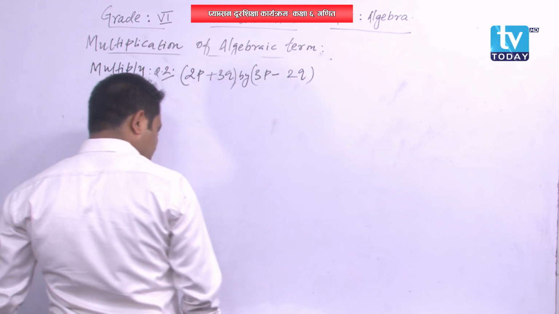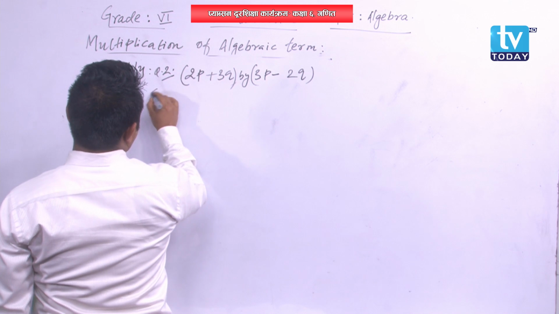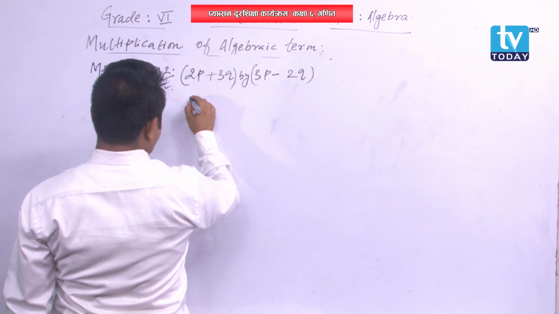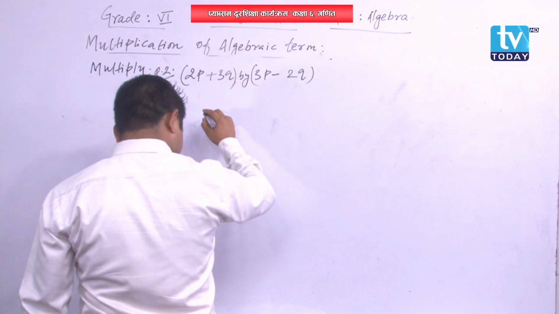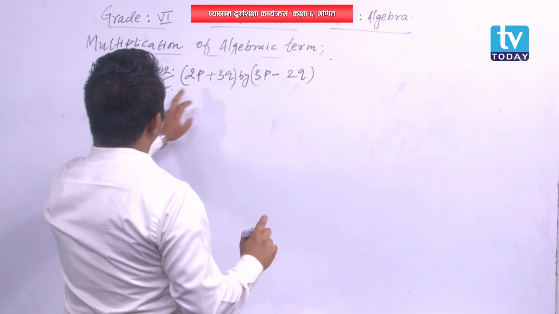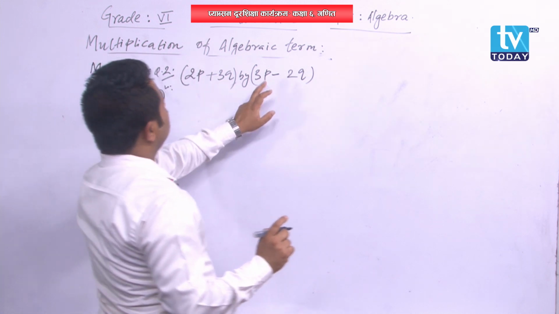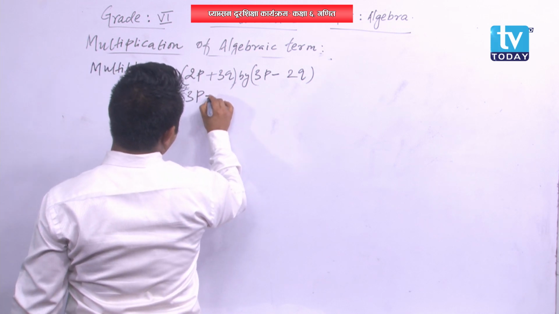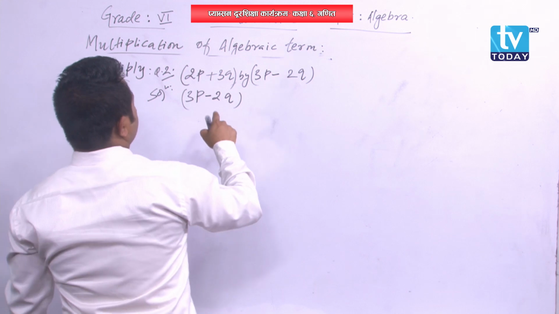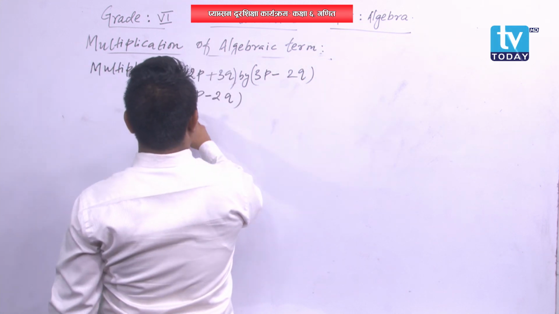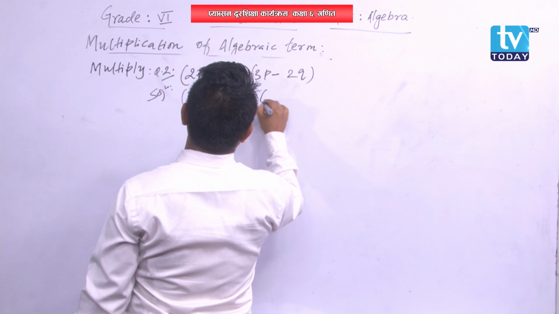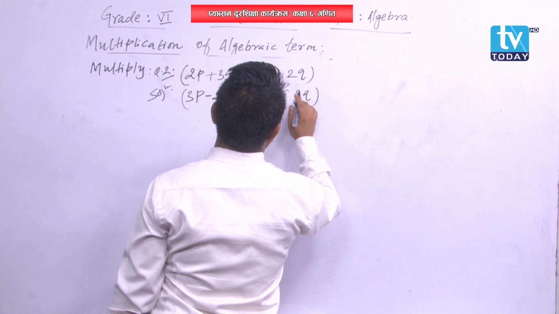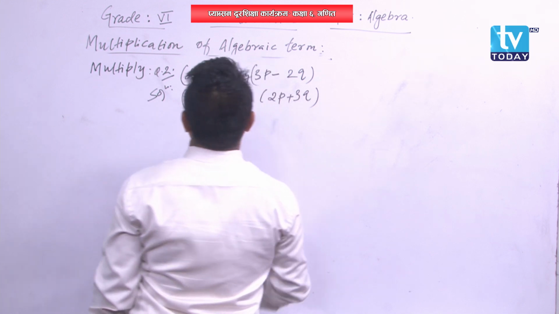So solution: multiply 2p plus 3q by 3p minus 2q. Both are the same thing, but let's write in this way: 3p minus 2q into 2p plus 3q.